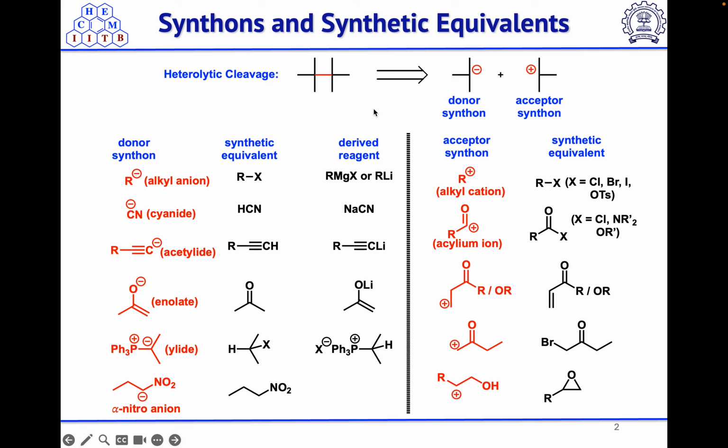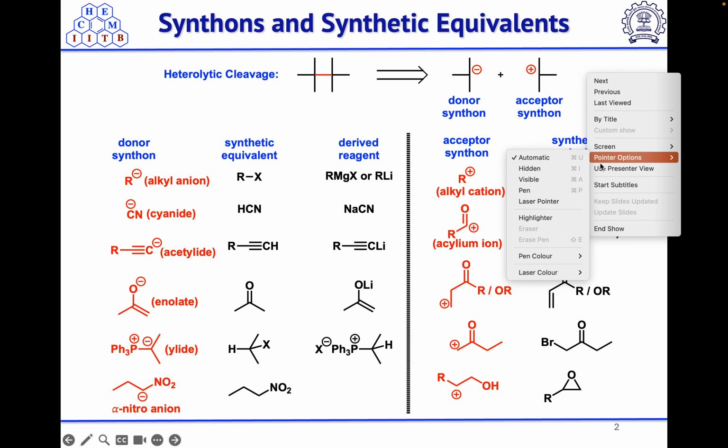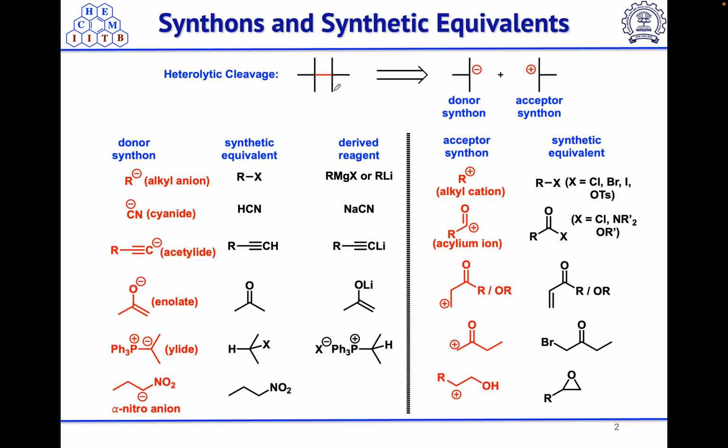Those who did not attend the last class, I discussed synthons and synthetic equivalents. If you want to break this carbon-carbon bond with heterolytic cleavage, you will end up with a positive charge and a negative charge.